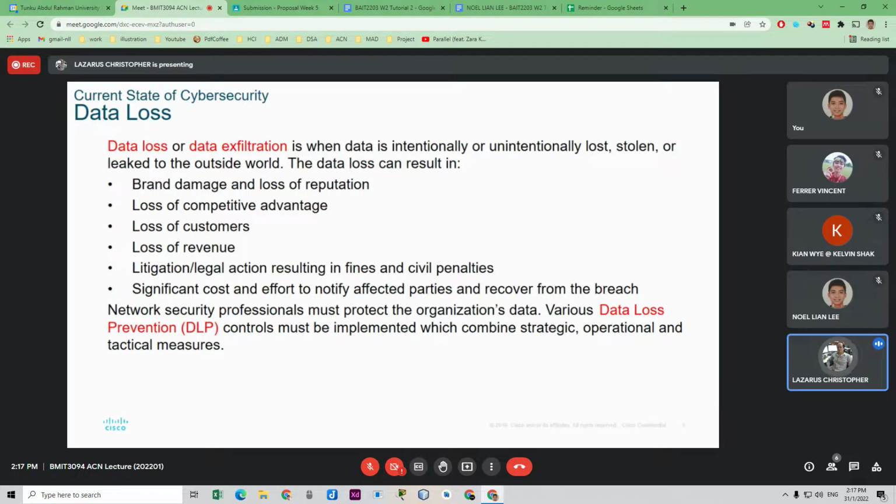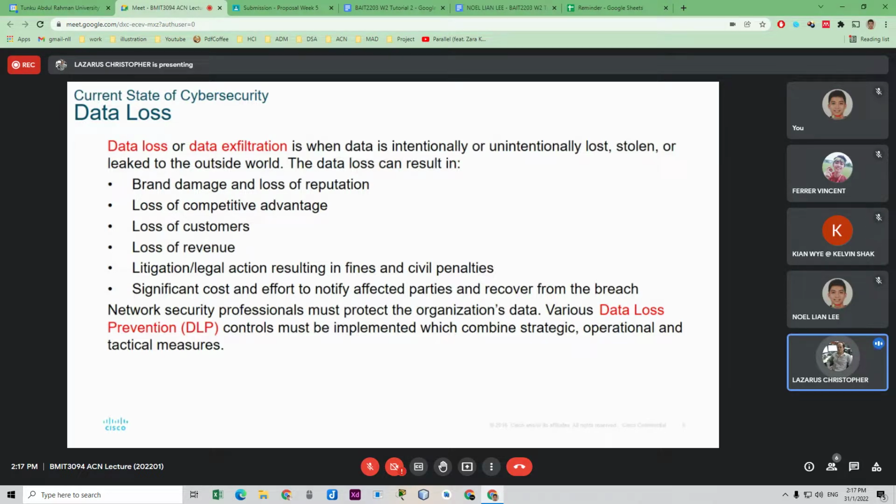That means they have to go all out to notify, first identify, each and every single customer who got their information stolen, and then mediate how to protect them and what to do after that. The damage control, basically, right?